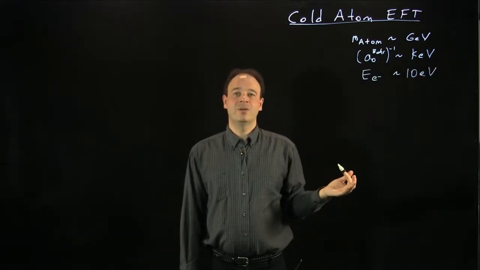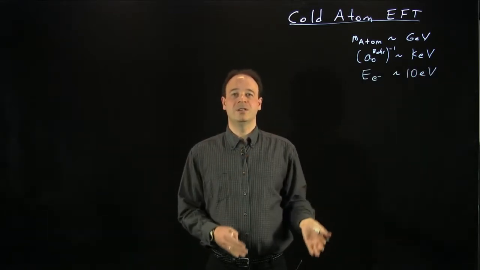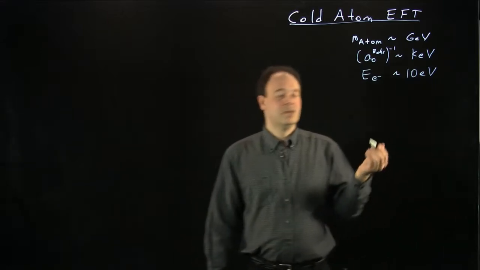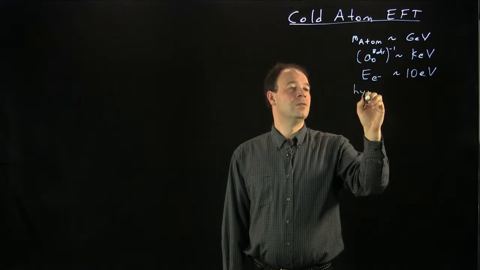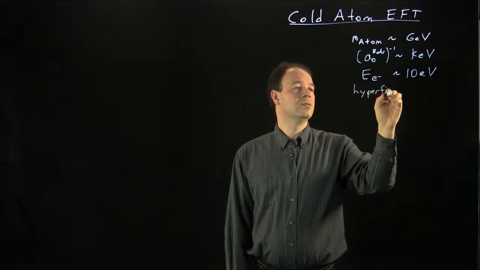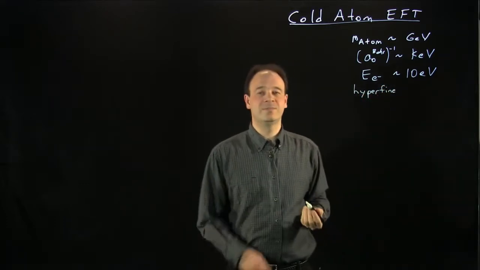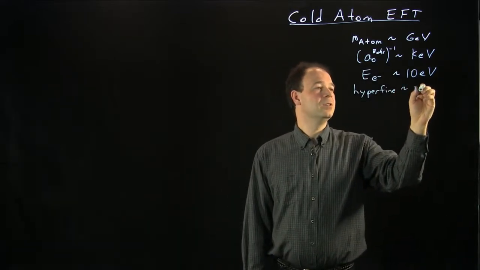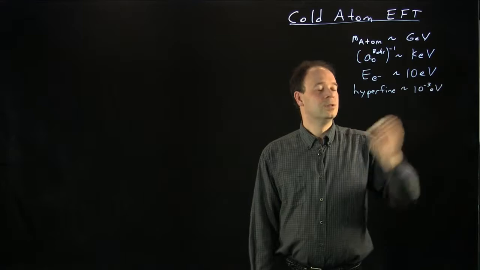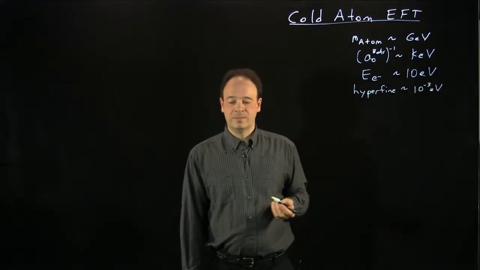But we're talking about very cold atoms, so we're actually talking about energy scales that are much smaller than these. So let's keep going. There's another correction that comes in, which is called the hyperfine splitting between atoms. This is a spin-spin interaction, and it comes in at the 10 to the minus 3 level. So we have 10 to the minus 3 electron volts.